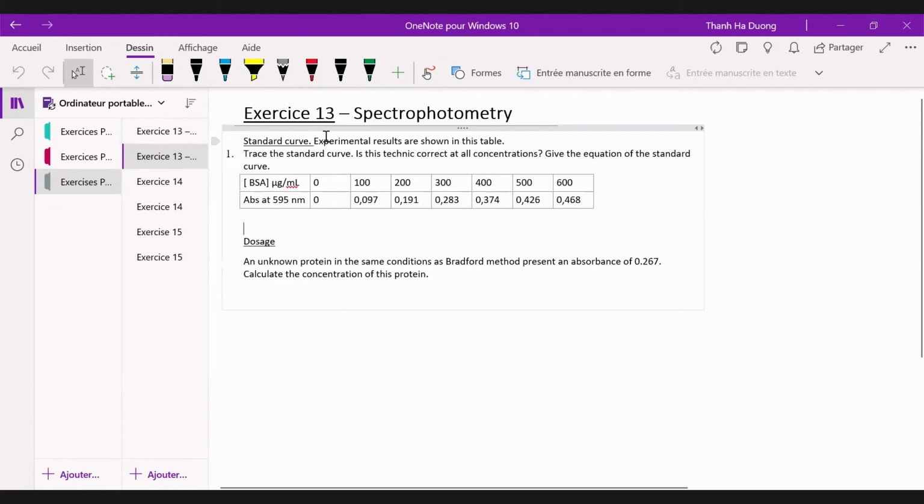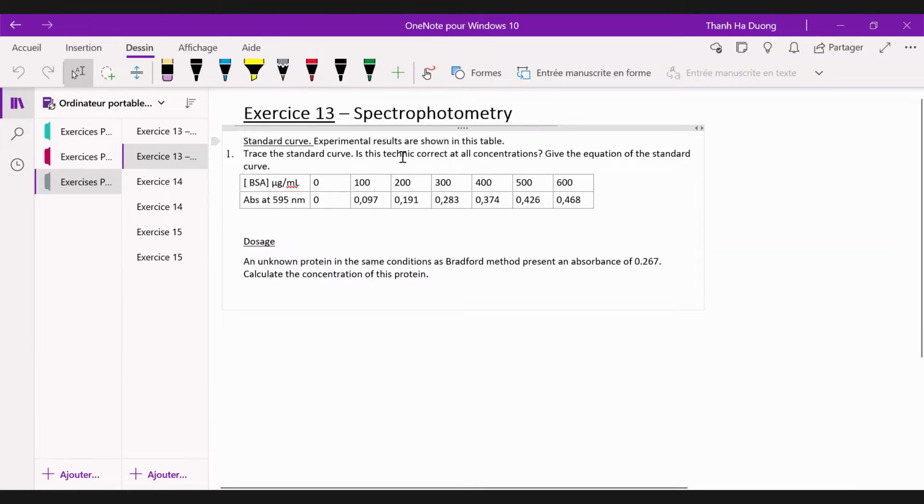After, we have to plot the standard curve. Okay, so we use BSA at this concentration, and we mixed the BSA with the Coomassie Blue, and we have this absorption at 595 nanometers.